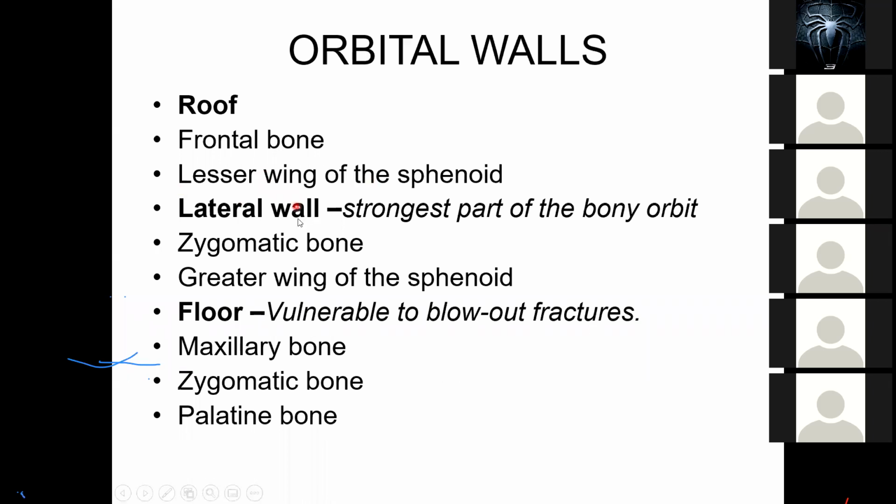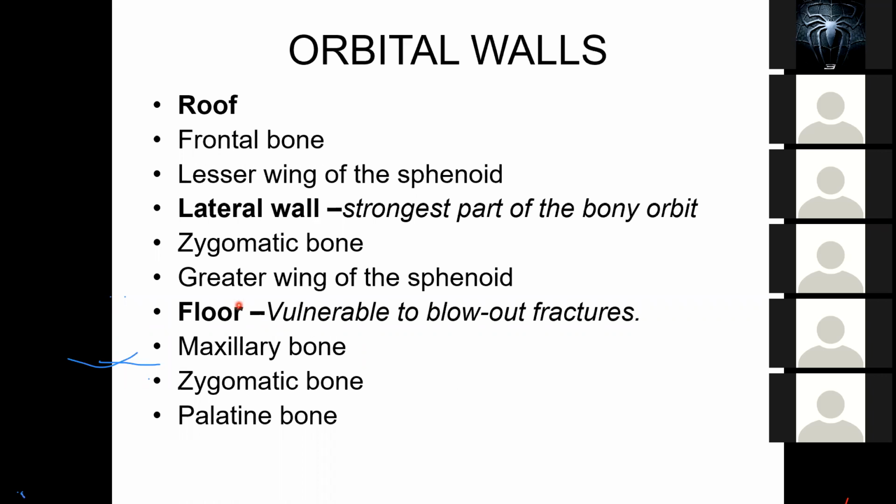And then the lateral wall is also the strongest part of the bony orbit, which is the zygomatic bone, and also a part of the sphenoid bone. The floor also turns out to be the weakest area. Okay, not the very weakest, because the ethmoidal bone is much, much thinner.